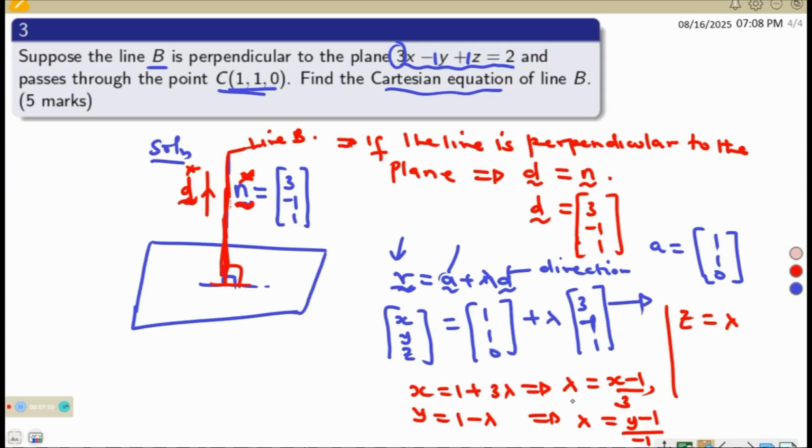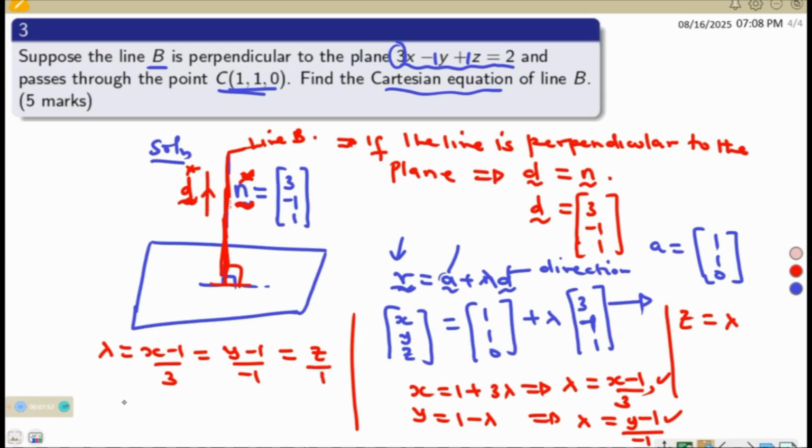So you have lambda as z, you have lambda as this, you have lambda as that. So from these three expressions, you will obtain the Cartesian equation as lambda, which is equal to x minus 1 over 3, which is equal to y minus 1 over negative 1, which is equal to z divided by 1.